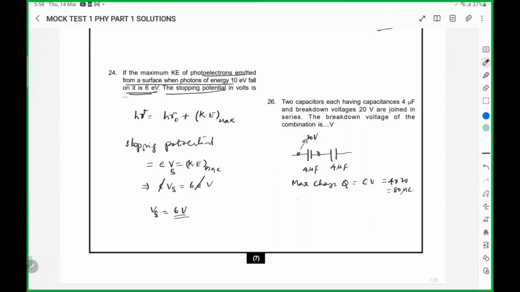When they are connected in series, the effective capacitance will be 16 by 8, 2 microfarad. Since they are connected in series, the same charge flows through them. So the breakdown voltage is Q by C, 80 microcoulombs by 2 microfarad, that is 40 volts.